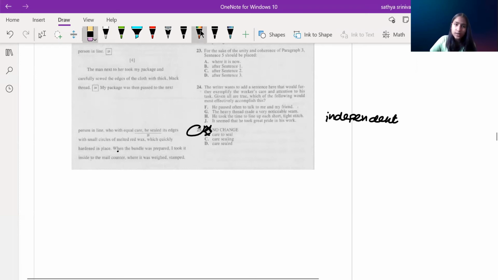Again, C is also going to be wrong, because if we had "care sealing," that would become a dependent sentence, and it can't be a sentence on its own. So C would be wrong, and it's just D. I think in the answer key, it put that question 25 was H, so I think that was a mistake. It's supposed to be D. So, yeah. Does that make sense?